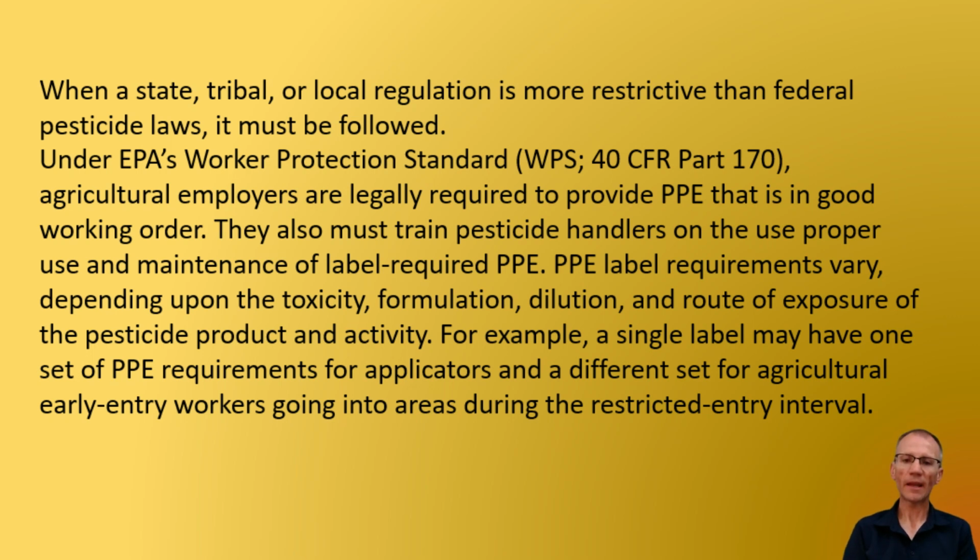Again, the point we're making here is any laws or overlays to that federal pesticide law must be followed. Again, when a state, tribal, or local regulation is more restrictive than those federal pesticide laws, it must be followed. It's basically like an overlay of the federal law that's an even higher level of protection in that local area.